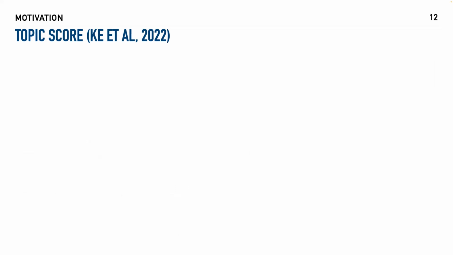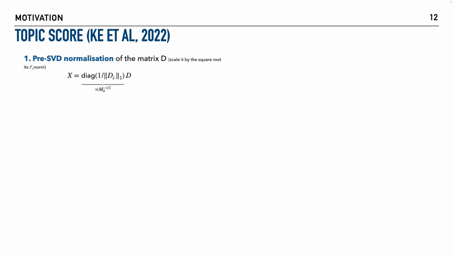That is the method called Topic-SCORE by Ke et al. from 2022. This method is particularly interesting because it's one of the first and only methods that has statistical guarantees, going into the theory to derive minimax bounds and upper bounds for the estimation error. The idea in Topic-SCORE is that you first start with a pre-normalization of the matrix D. D here is your data matrix, where the columns are the documents and the rows are the words.